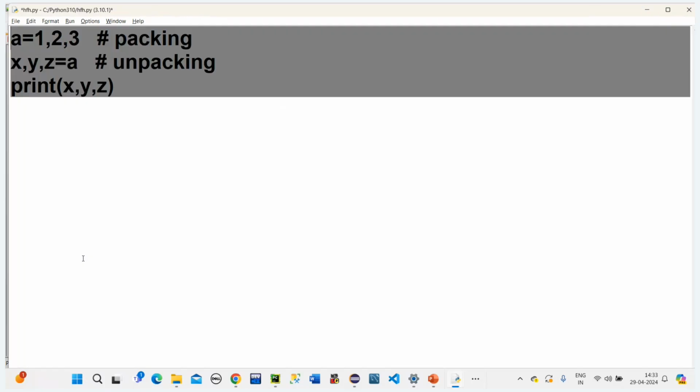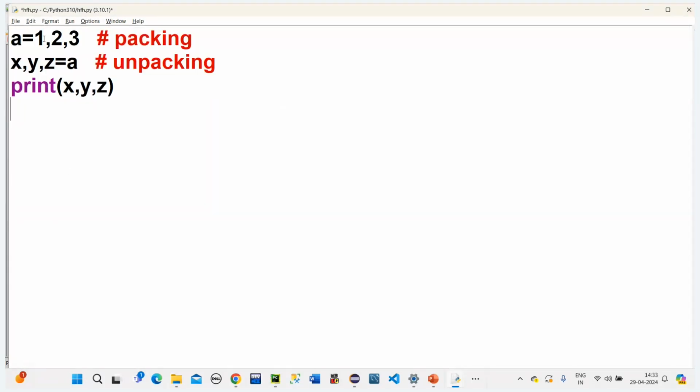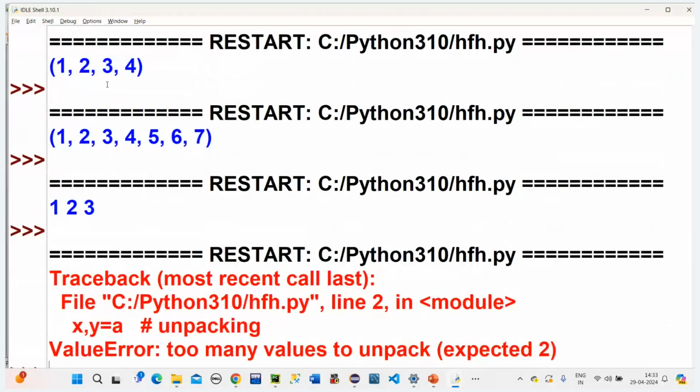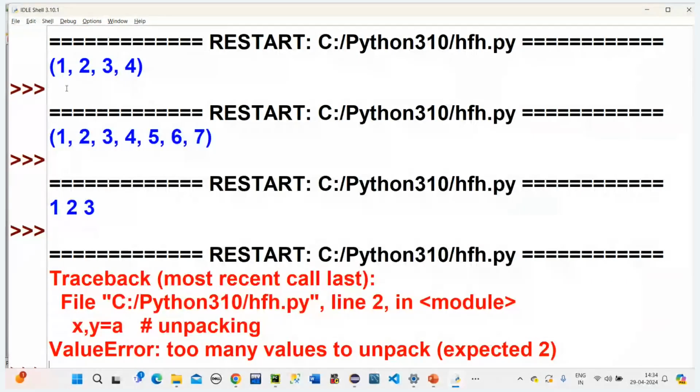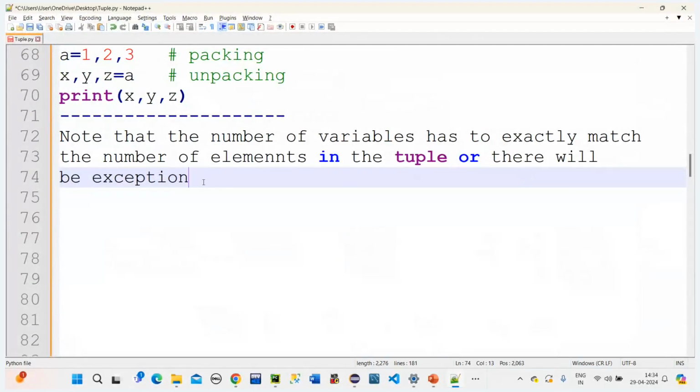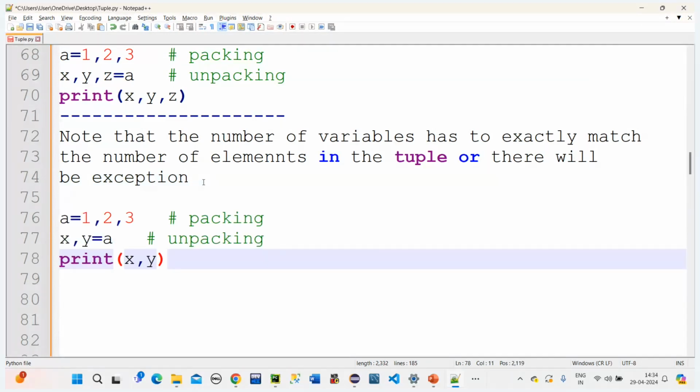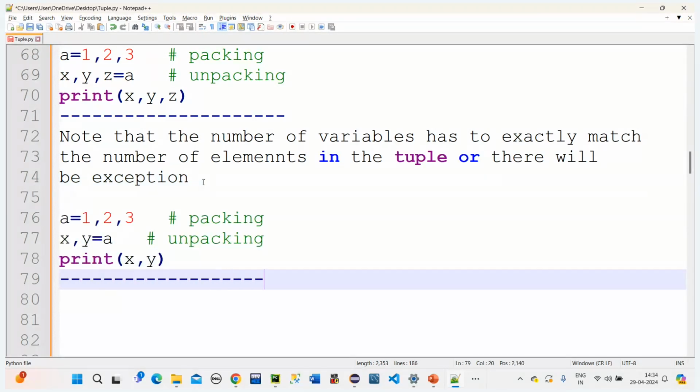For example, here it is 3 and here I am giving only x and y. Now in this case, what will be the output? Let's see. It is giving me an error, right? It means it should match. Otherwise, we'll get an error.